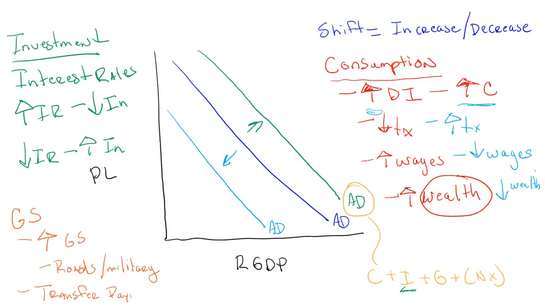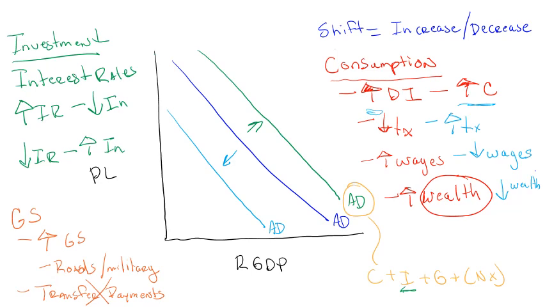Transfer payments are not included in your aggregate demand because aggregate demand is representative of production. When you receive a transfer payment like food stamps or welfare benefits, you are not doing any production, thus it doesn't get calculated in. But anything that represents production, roads, military, infrastructure spending, is all counted in aggregate demand.